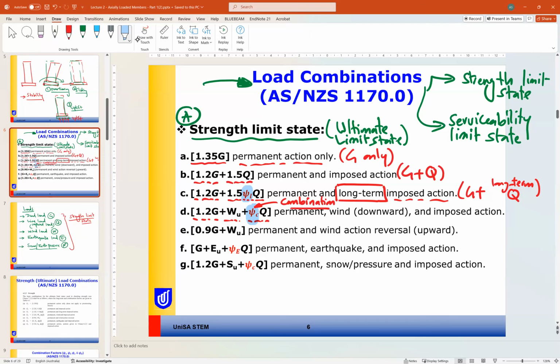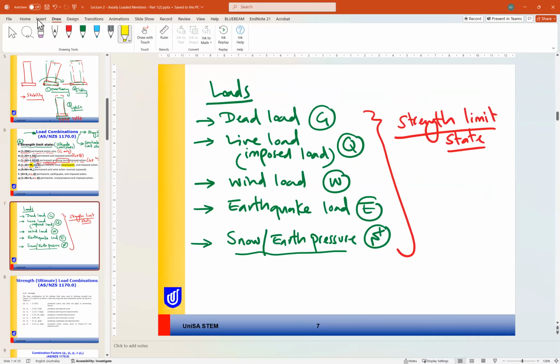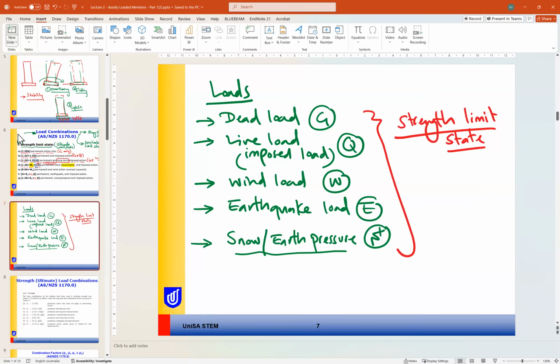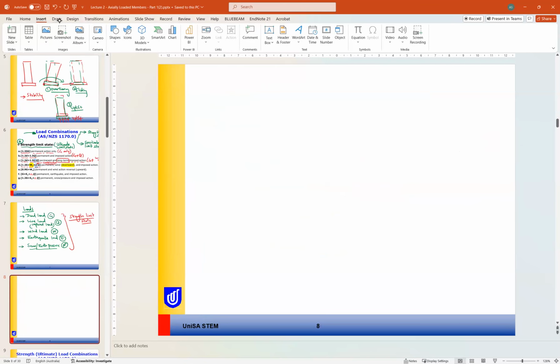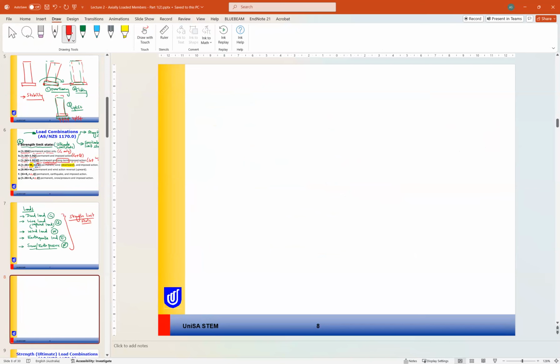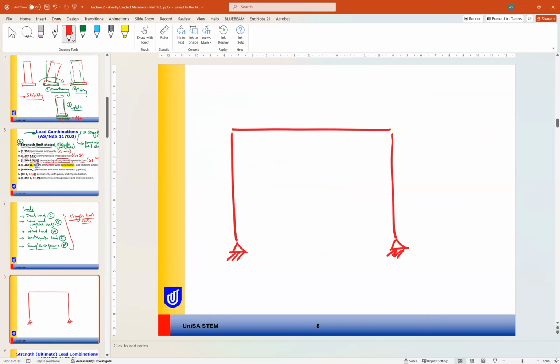But you have to make a note here that the wind load here is downward wind, because we have two directions of the wind. Just quickly here, if we have a frame, for example, and we are designing the beam. We are focusing on the beam now.